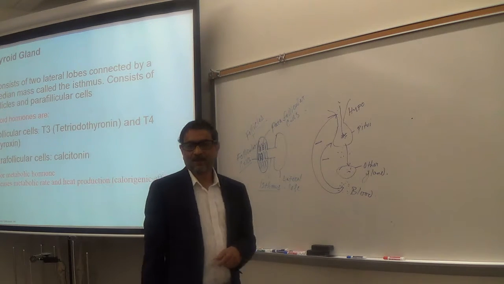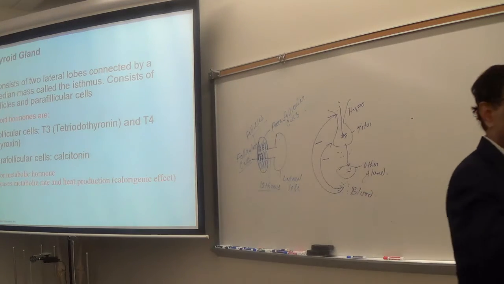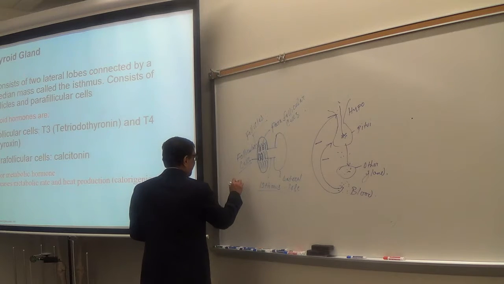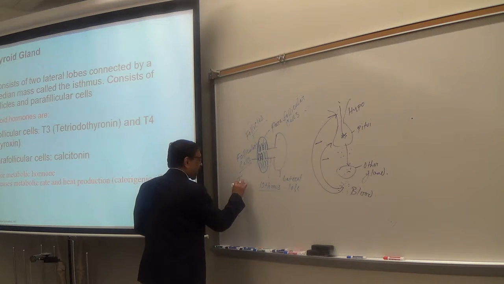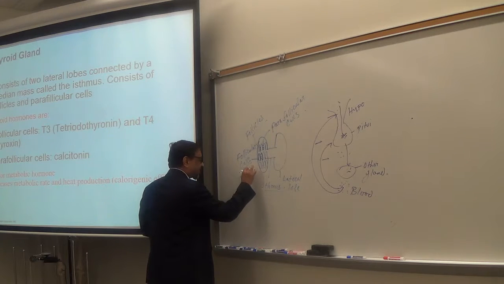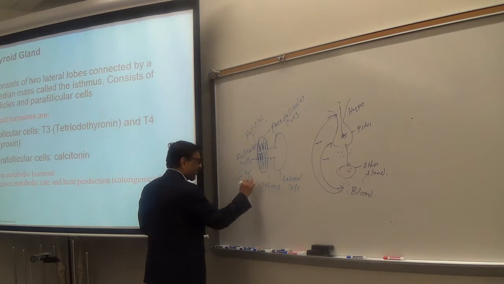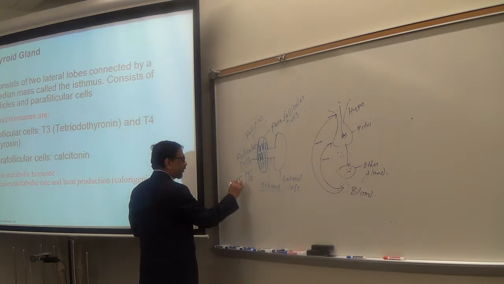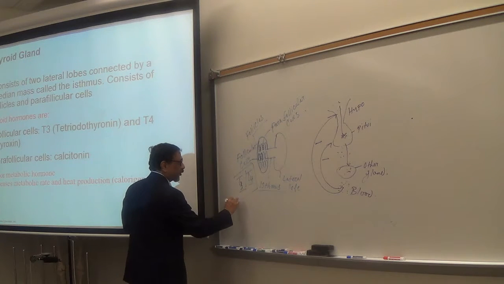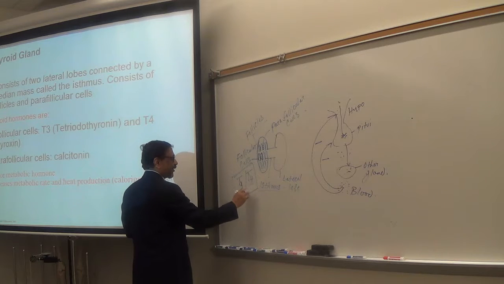Follicular cells produce two very important hormones, T3 or triiodothyronine and T4 tetraiodothyronine. T4 is also called thyroxine.